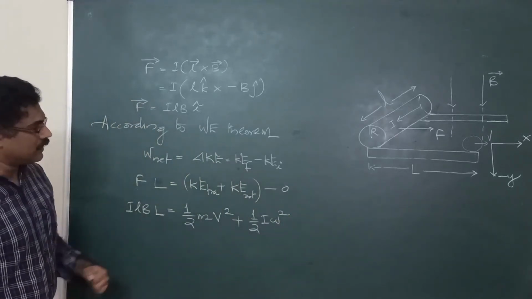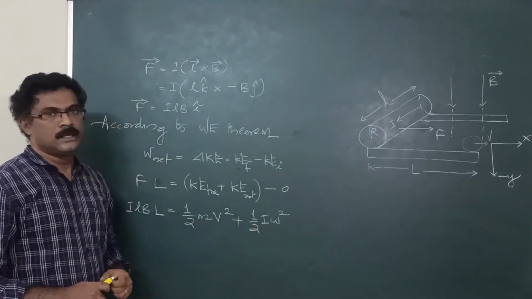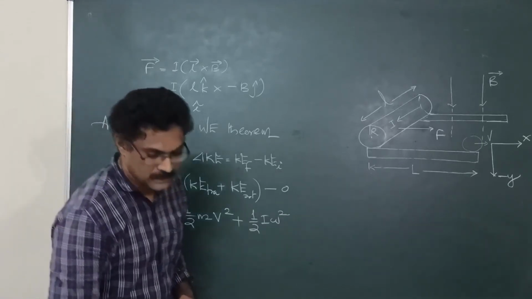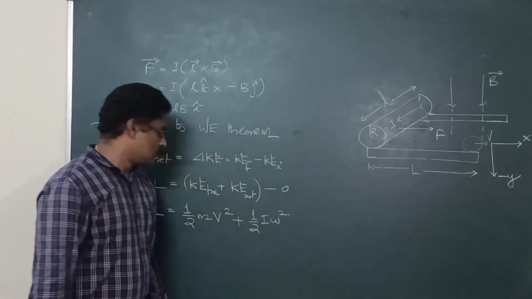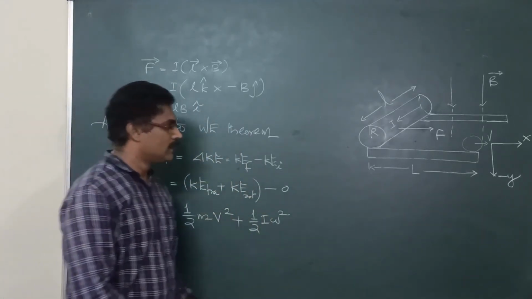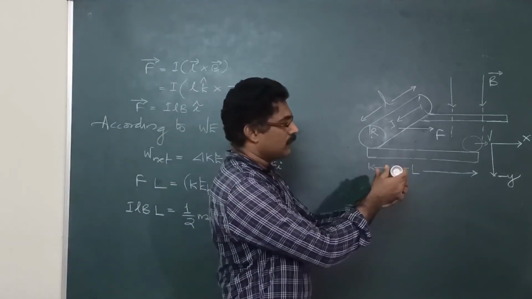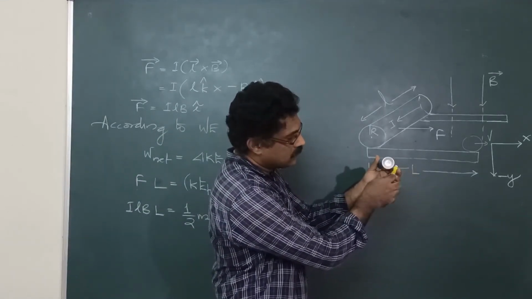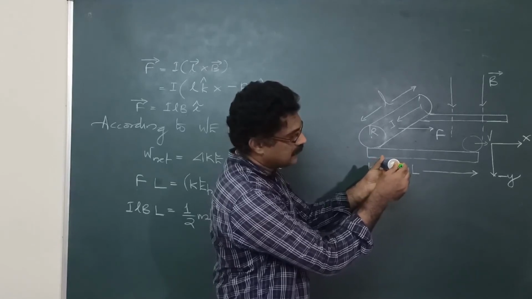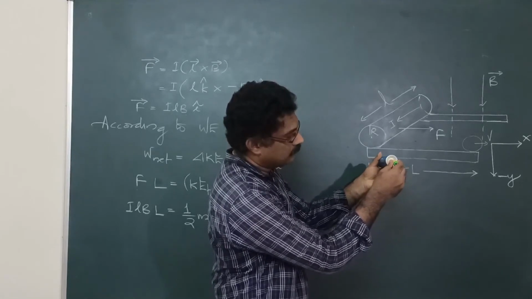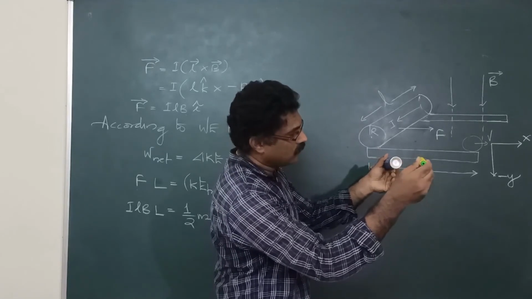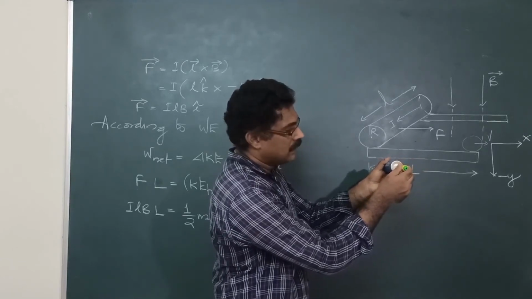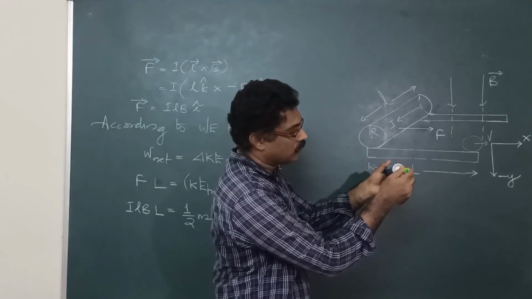So here again the question: what is the value of I? I is the moment of inertia. What is the moment of inertia here? If the rod is rolling like this, it is rotating about this axis, so you have to consider the moment of inertia along the axis of the rod.